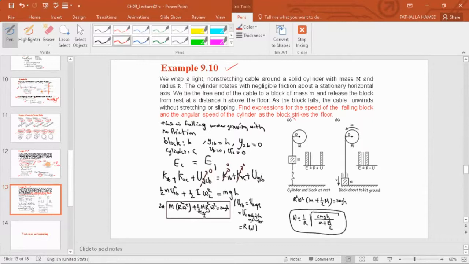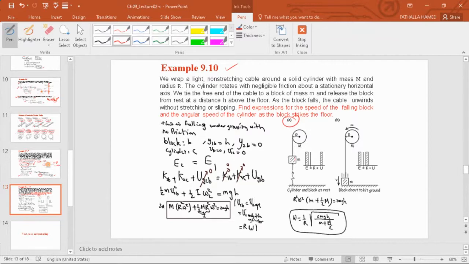So in situation A here, you have a cylinder connected by a cable to a block, and the block is a distance h away. And you release from rest. When you release from rest, the cylinder here is not rotating.